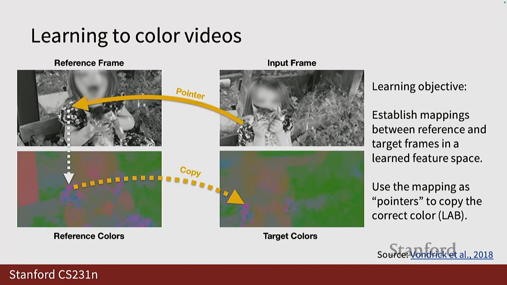And learning to color videos, because there are a lot of correspondences, is an interesting task by itself. I would suggest taking a look at the details. I'll very briefly talk about them. So if we have a reference frame, for coloring the input frame, we need to find the pointers of where that specific object or pixel is, and then see what the color is and copy it as the target color for that pixel.